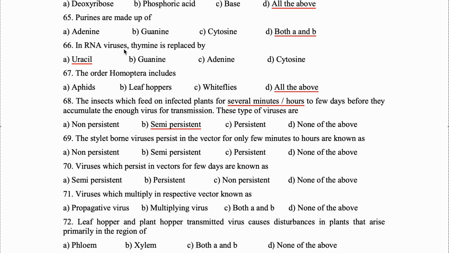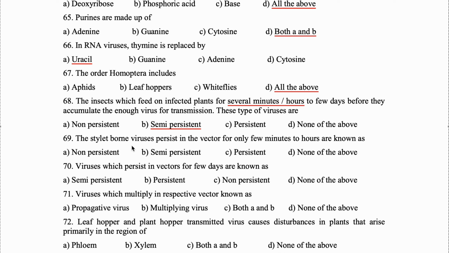And also we get to see a few questions from entomology, like insects, because insects are one of the modes of transmission of plant viruses. That is the reason. Now question 69.